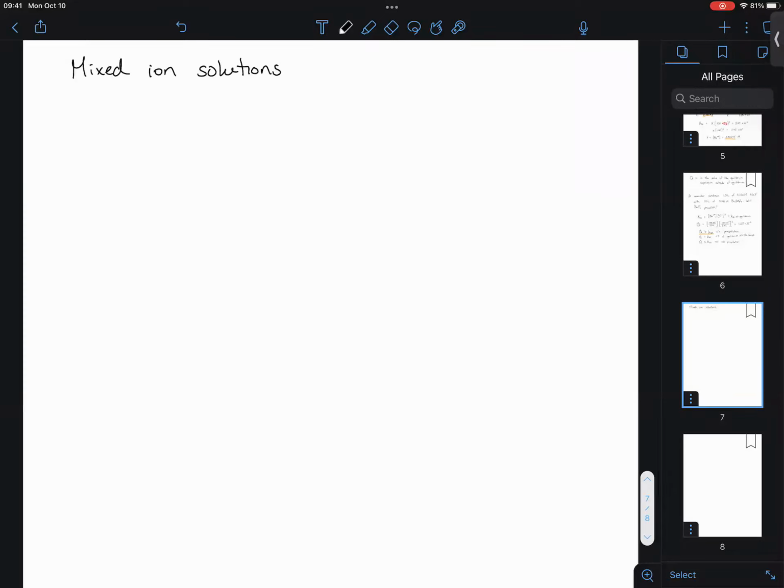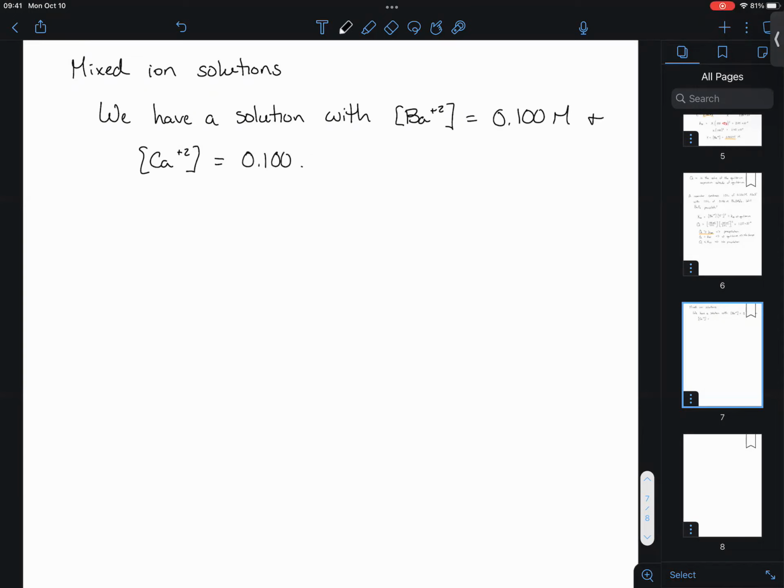Let's say we have a solution with a concentration of barium equal to 0.100 molar and a concentration of calcium equal to 0.100 molar. And we're going to titrate fluoride into this solution.